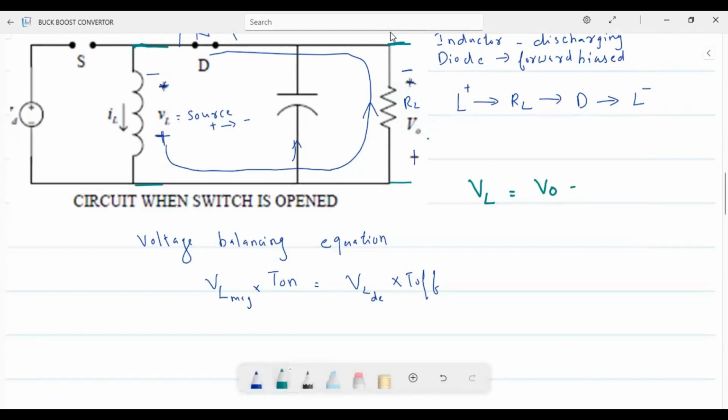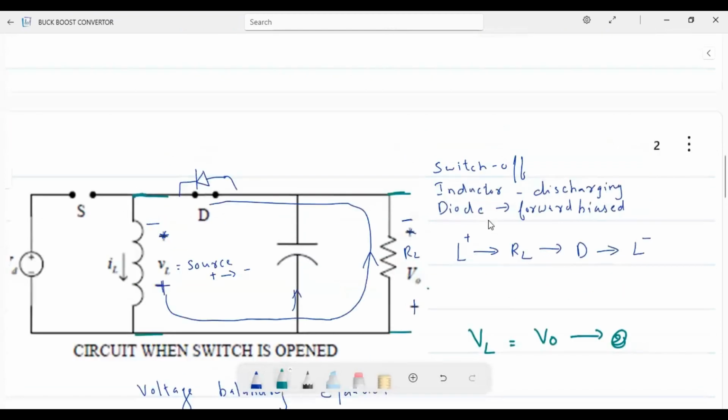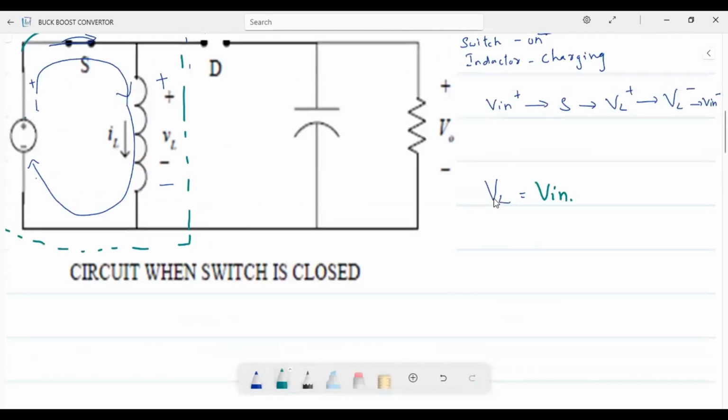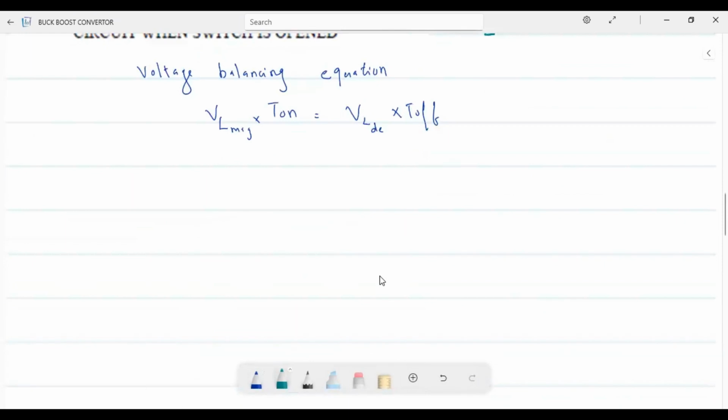So we have got two equations. Equation 2, VL is equal to V out, that is the demagnetizing time. And equation 1, VL is equal to V input, that is the magnetizing time. So the magnetizing voltage across the inductor, V input into T on, is equal to, during demagnetization, V out into T off.